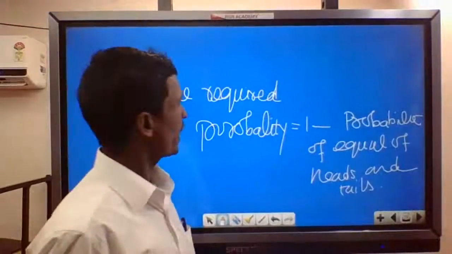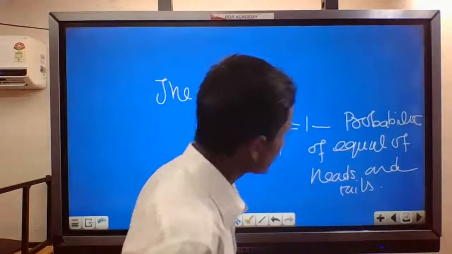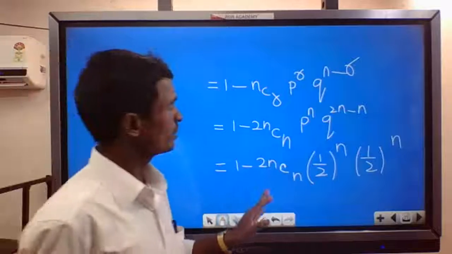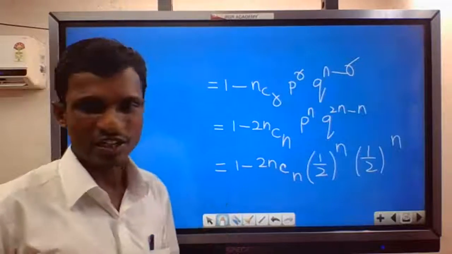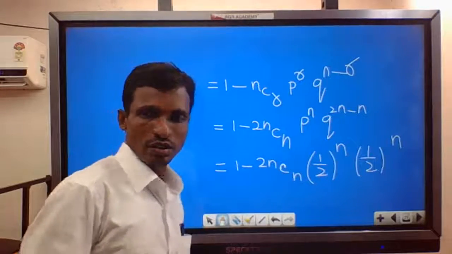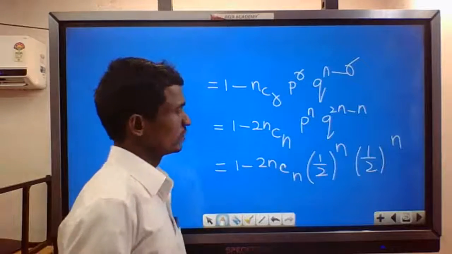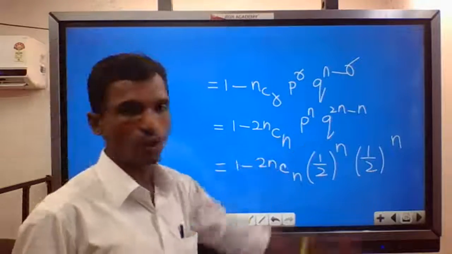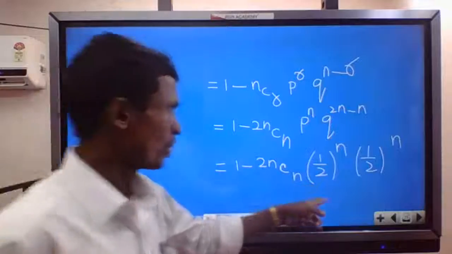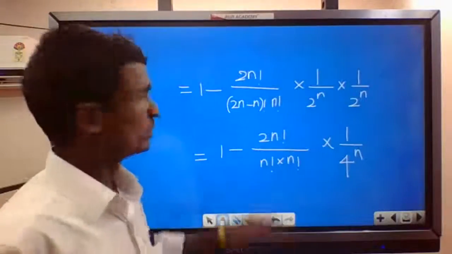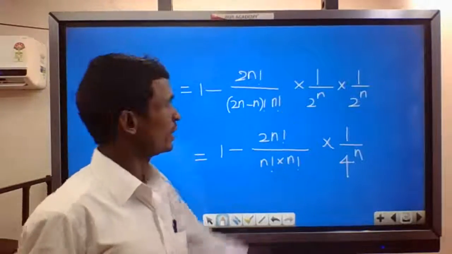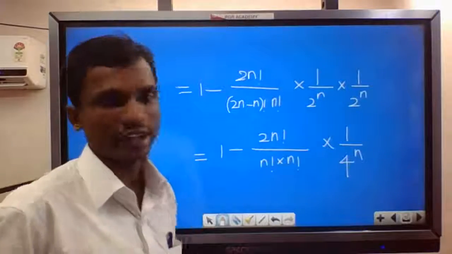We know that the required probability is equivalent to 1 minus the probability of equal heads and tails, nCr p power r q power n minus r, n equivalent to 2n, r equivalent to n. 2nCn p power n q power 2n minus n. Then 1 minus 2nCn 1 by 2 whole power n into 1 by 2 whole power n, which is 1 minus 2n factorial divided by 2n minus n factorial into n factorial, into 1 by 4 power n.